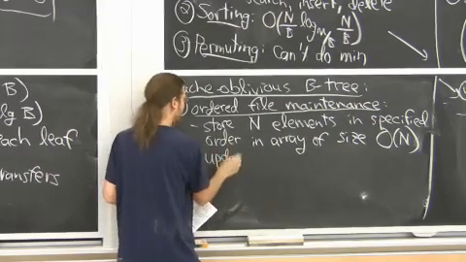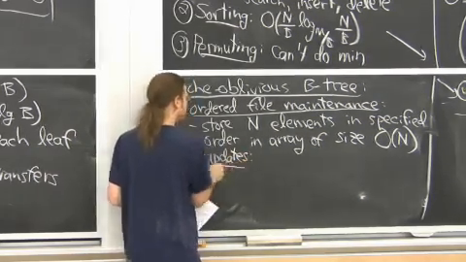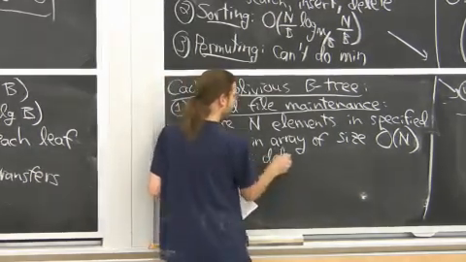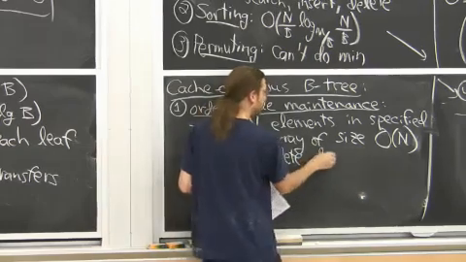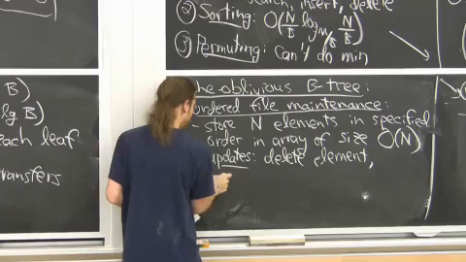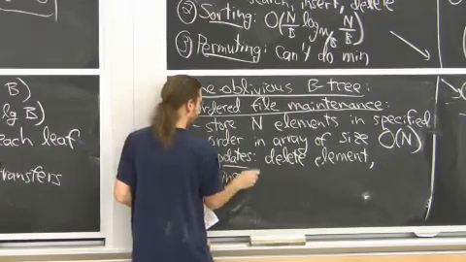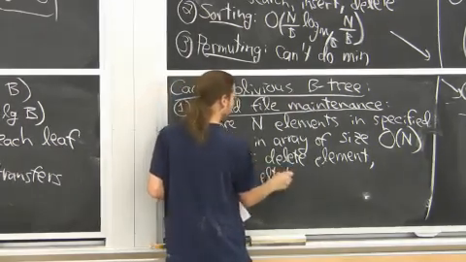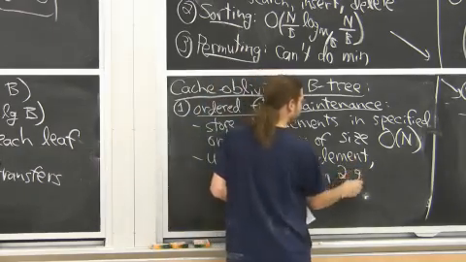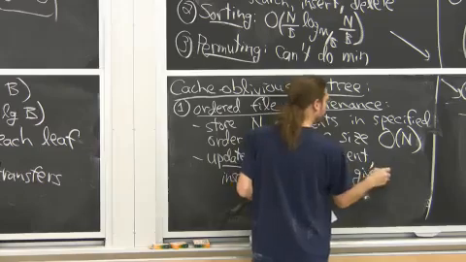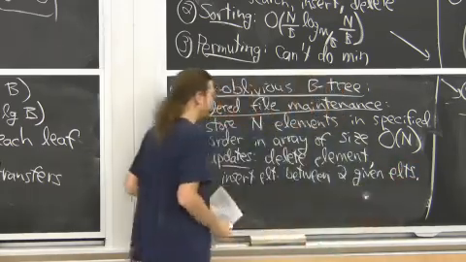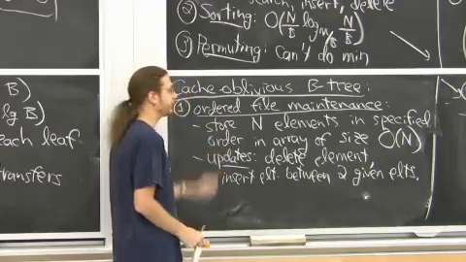And the updates, so this is physically what you have to do. You can change this set of elements by either deleting an element or inserting an element between 2 given elements. So this is just like the linked list updates. I can delete somebody from a linked list.